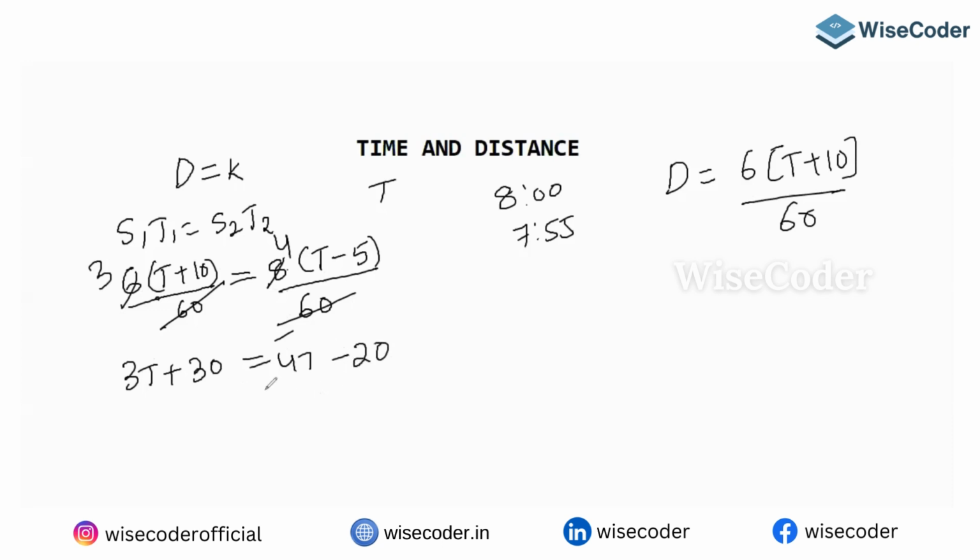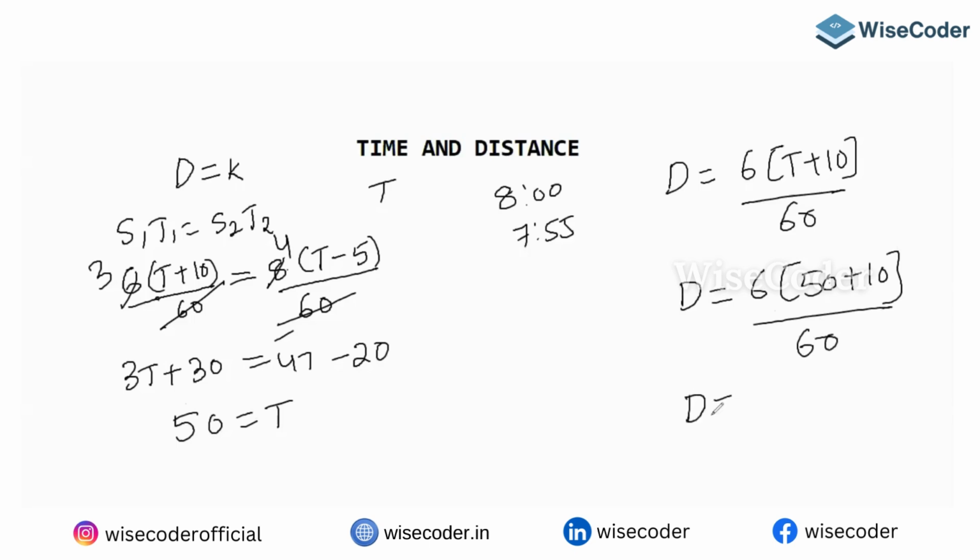From this, 3T goes to this side and 20 goes to the other side. Then it's going to be 50, which equals T. So T equals 50 minutes. But I want the distance. Then distance is 6 into (T plus 10) divided by 60, which is 6 into (50 plus 10) divided by 60.